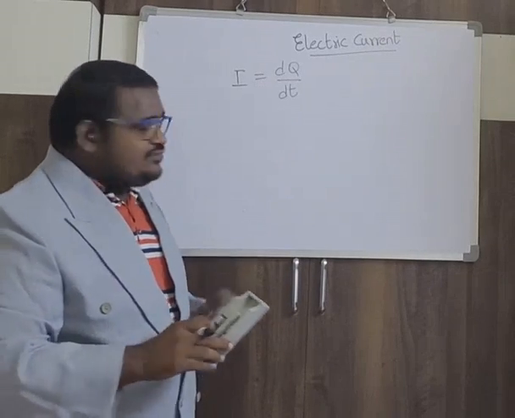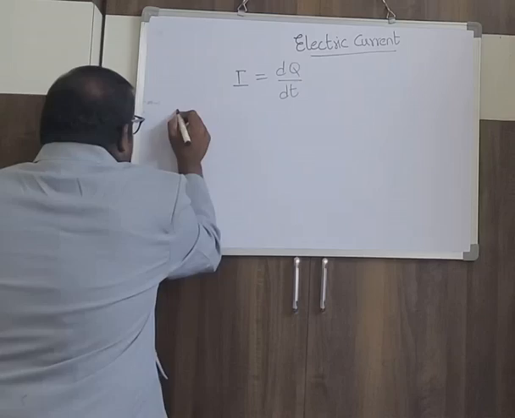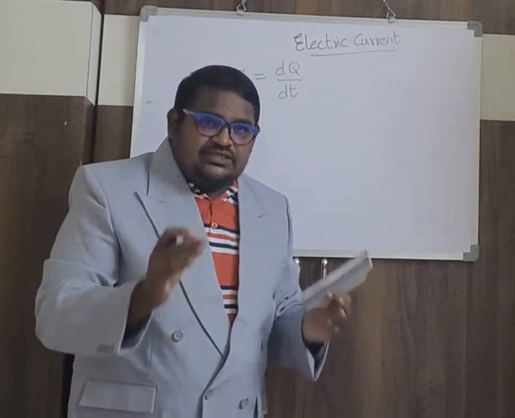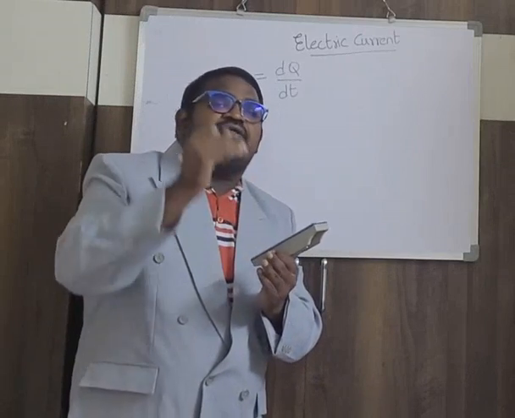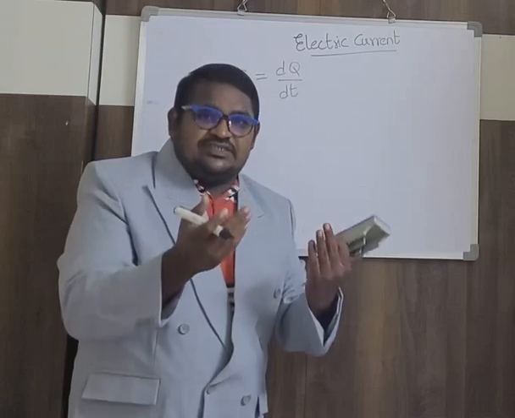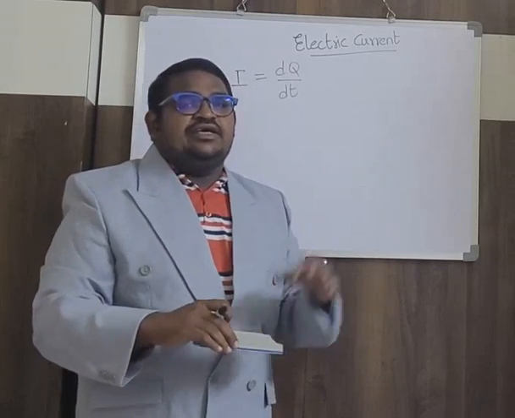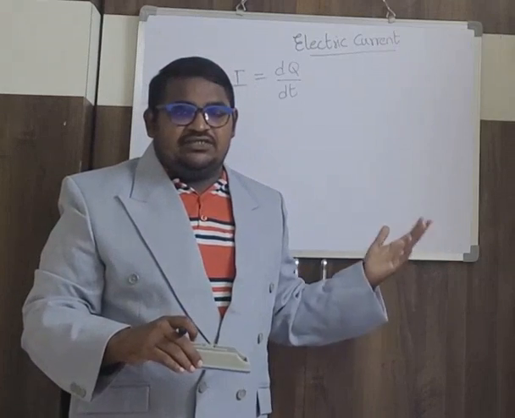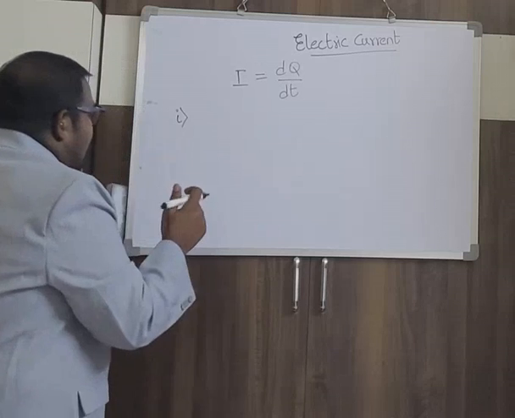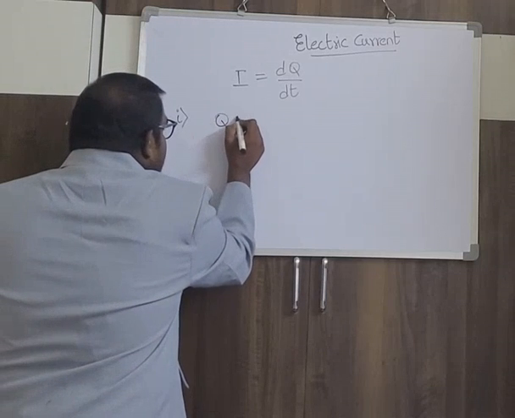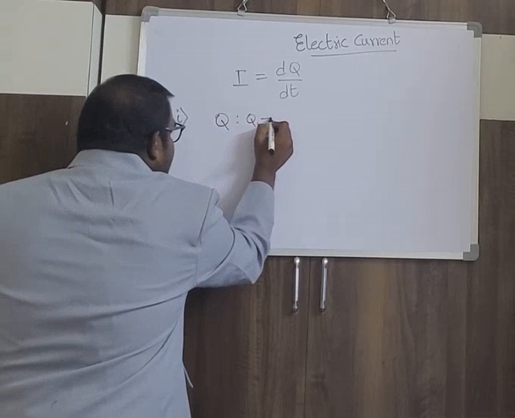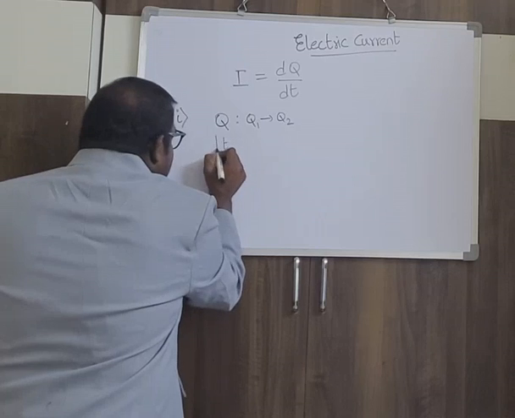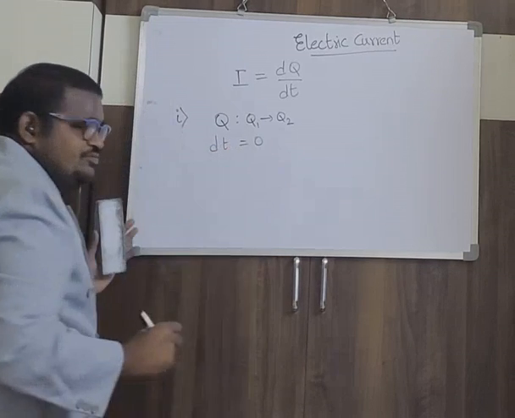Suppose for example, case 1. In one circuit, the value of charge changed from one value to another value without change in time. That is, in one circuit, the charge changed suddenly. The charge Q is changed from Q1 to Q2 without change in time, that is, change in time is 0.